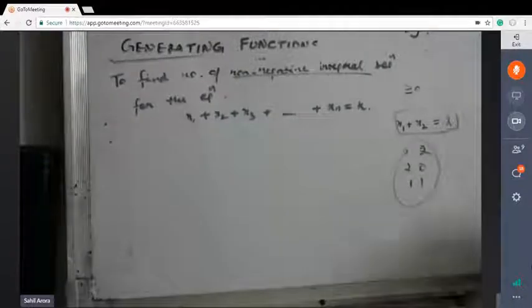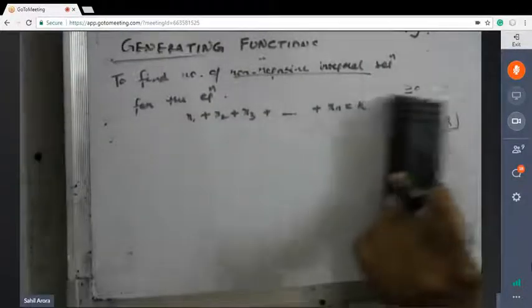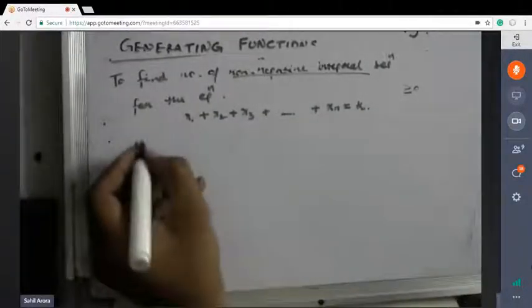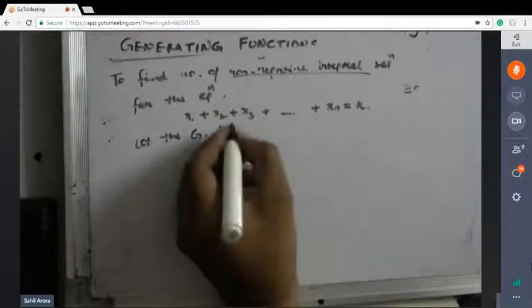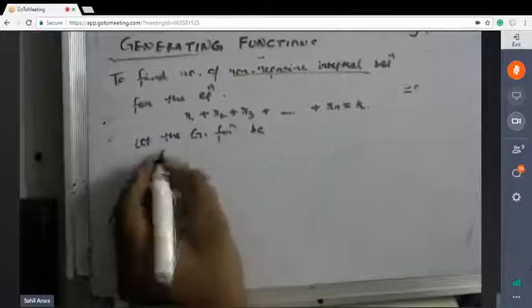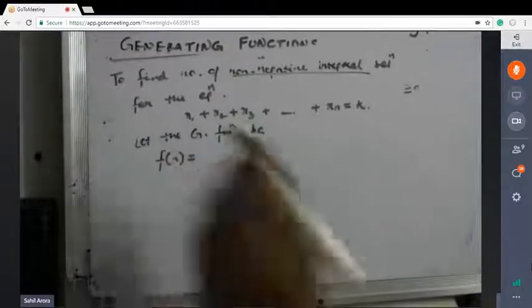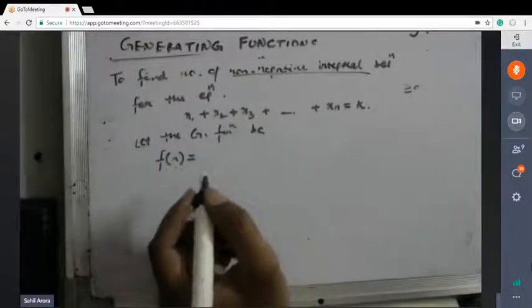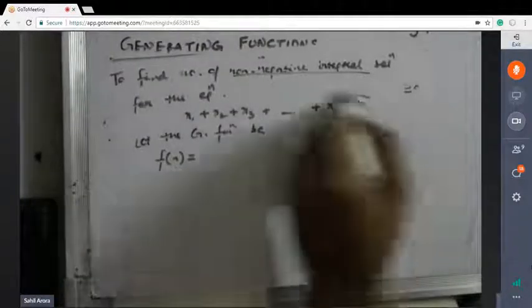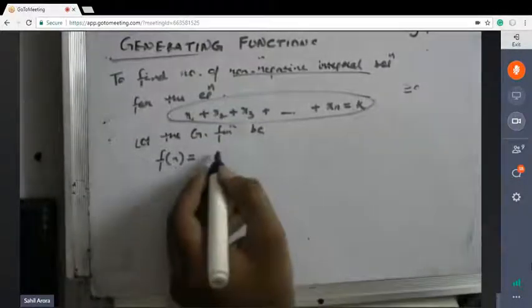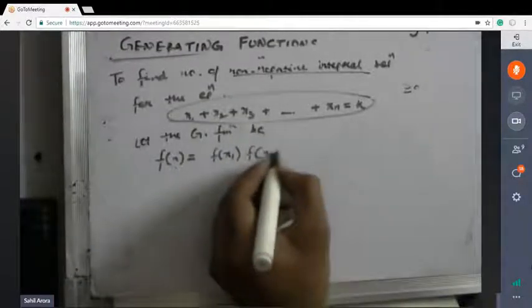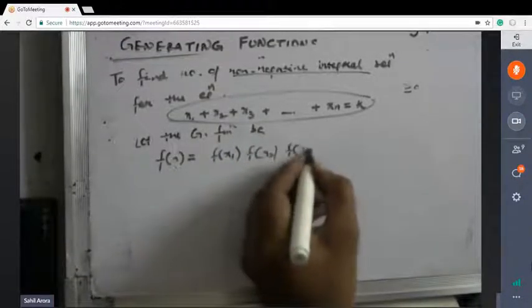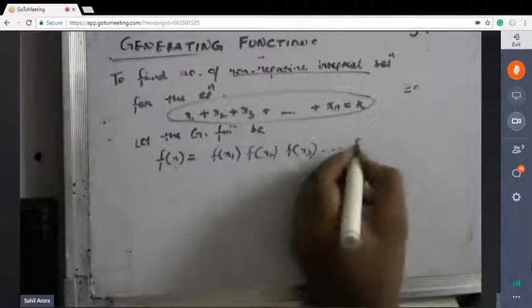We will use the concept of generating function here. Let the generating function be f of x. It would be the generating function of x1, generating function of x2, generating function of x3, and so on up to the generating function of xn.